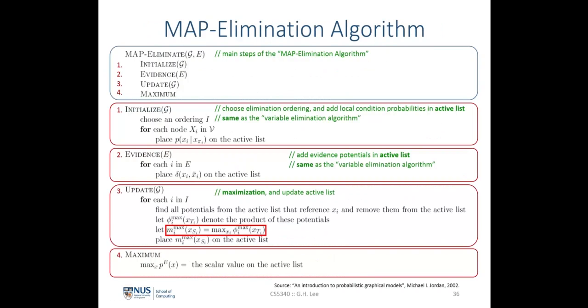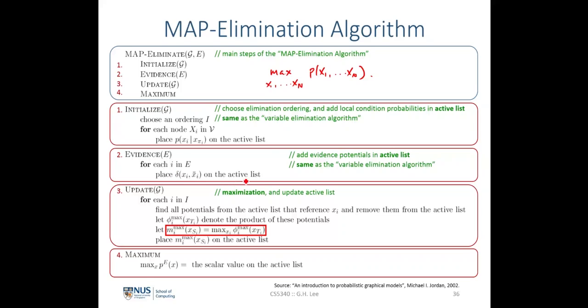Here's the pseudocode of the MAP elimination algorithm, which is very similar to the variable elimination algorithm, and allows us to find the maximal probability over x1 all the way to xn of a joint probability distribution of x1 all the way to xn. The next thing we do is add each of the conditional probabilities into the active list, as well as the evidence potentials or evidence nodes.